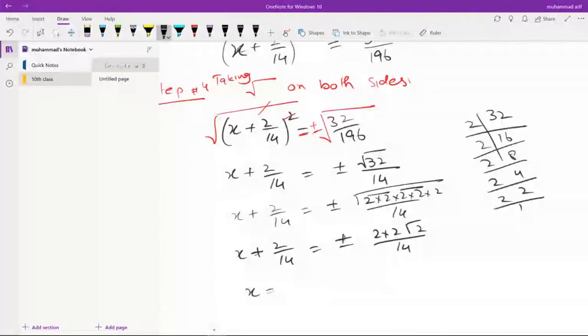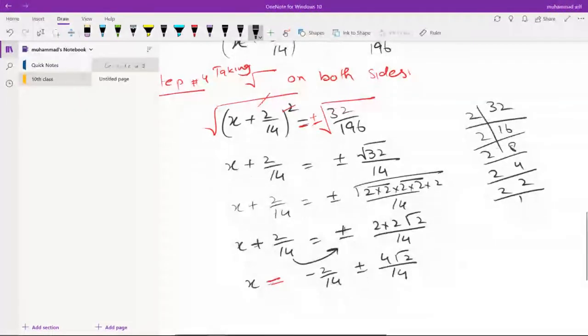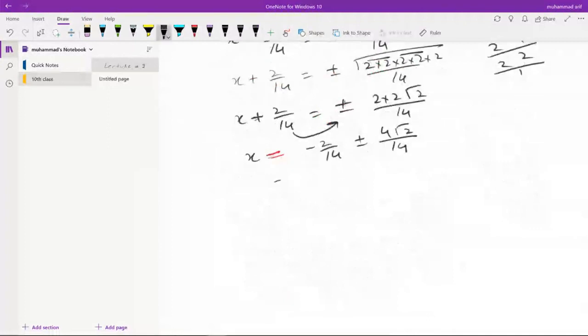We shift this from left to right side: minus 2 by 14 plus minus 4 times square root 2 by 14. After taking LCM, we have 14 minus 2 plus minus 4 square root 2.